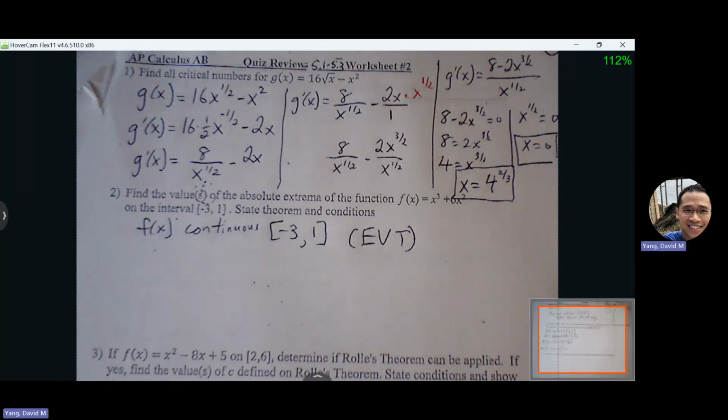Our strategy is find f prime, set f prime equal to 0. Consider your critical points. Make sure critical points are valid before you plug them and the endpoints into the original function. And then look at your y values. Highest y value is your max. Lowest y value is your min. And just give me the y values.